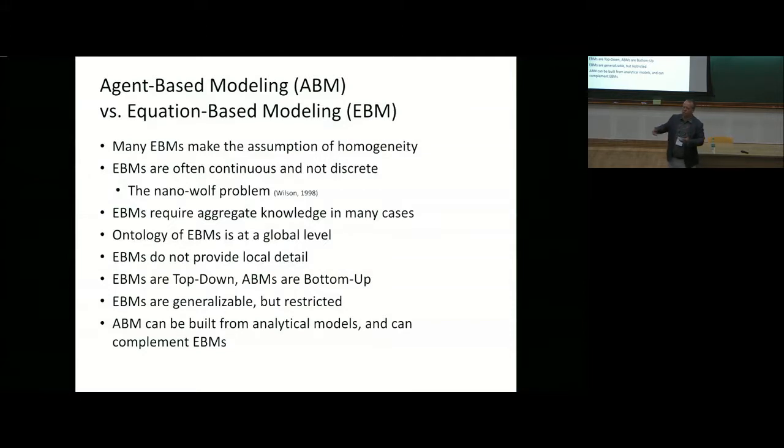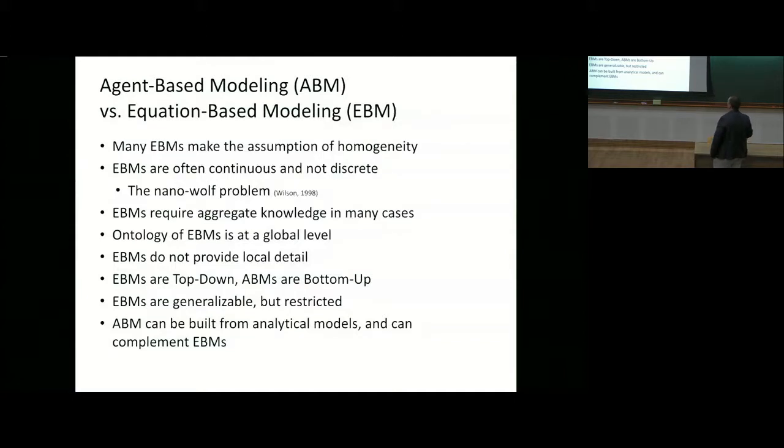Now, you can do discrete equations. There are discrete equation-based models that will allow you to represent that appropriately. But a lot of these systems, when they prove these nice limits about them, are done using continuous modeling, right, which suffers from the nano-wolf problem, right? That you can have these cases.